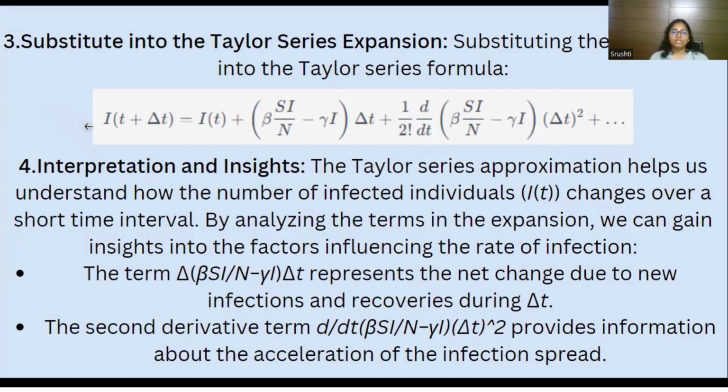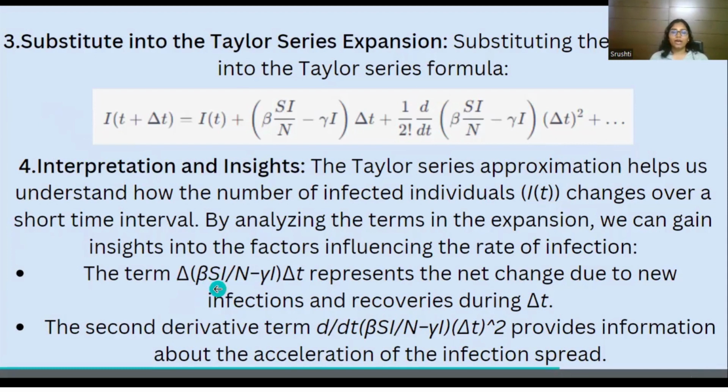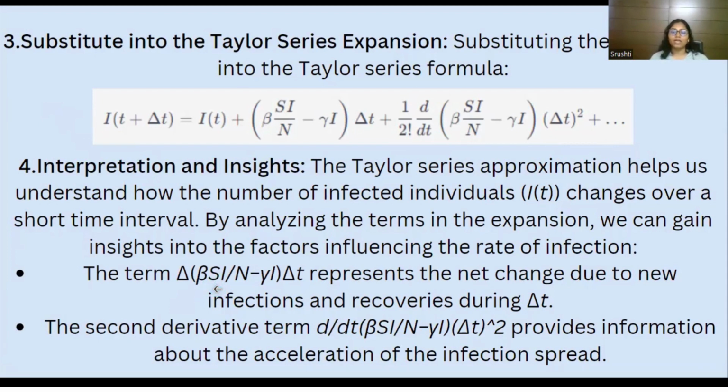The term beta into S into I divided by N minus gamma into I into delta t represents the net change due to new infections and recoveries during delta t, that is the time interval, and the second derivative term d by dt of beta S I divided by N minus gamma I, whole multiplied by delta t squared, provides information about the acceleration of the infection spread.